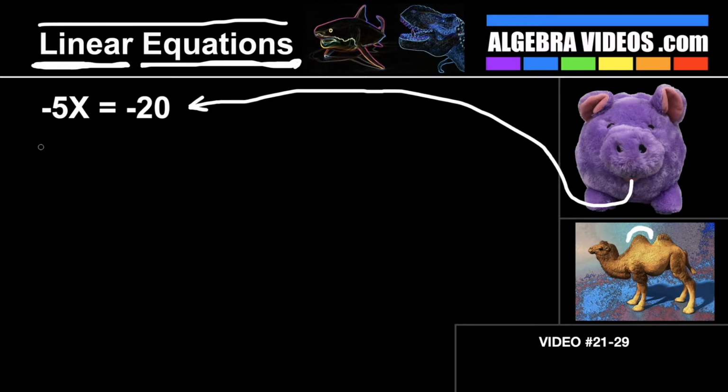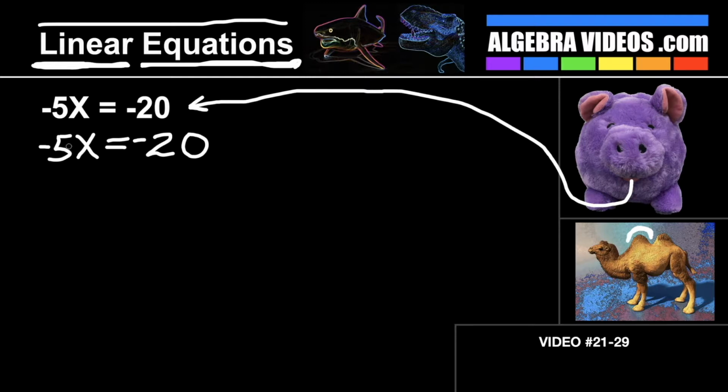So how do we do this? Well, I'm going to just rewrite the equation. Negative 5x, which means negative 5 times x, is equal to negative 20. So both sides of this equation are equal. That's what an equation is.